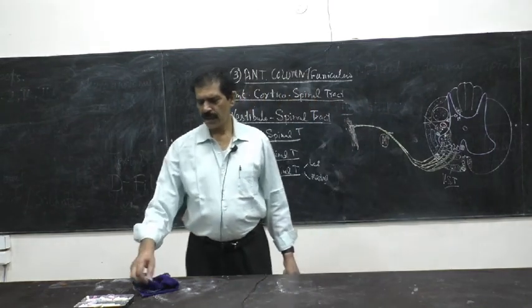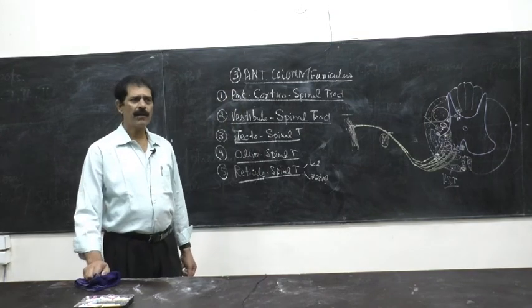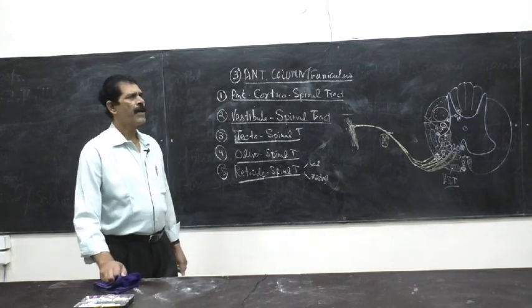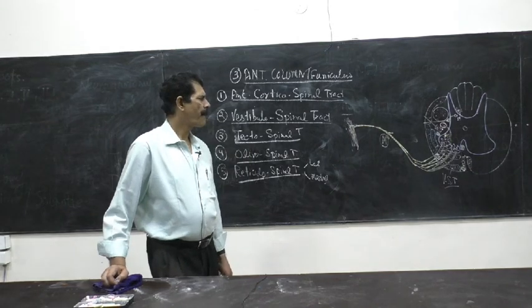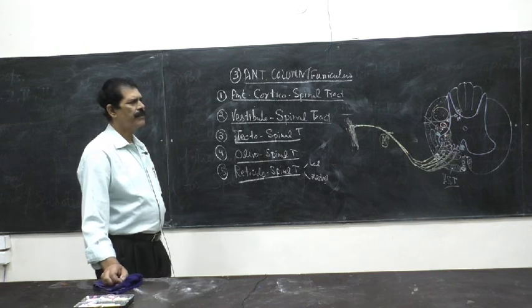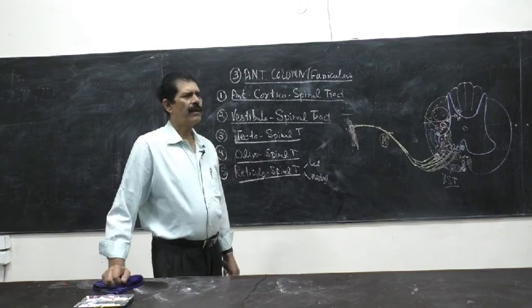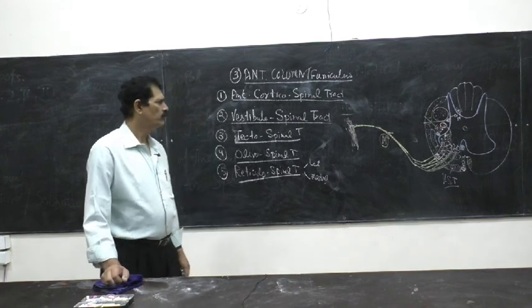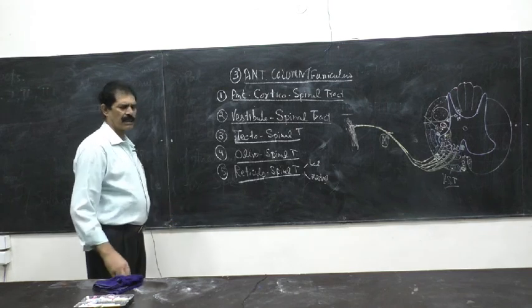As the descending fibers come from the reticular formation of the brain stem, they are also concerned with the autonomic nervous system. They also influence the ventral horn cells, because the fibers relay in the ventral horn cells.